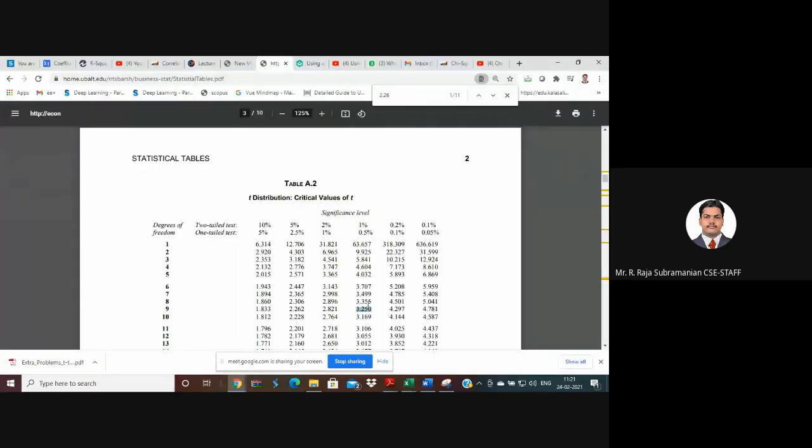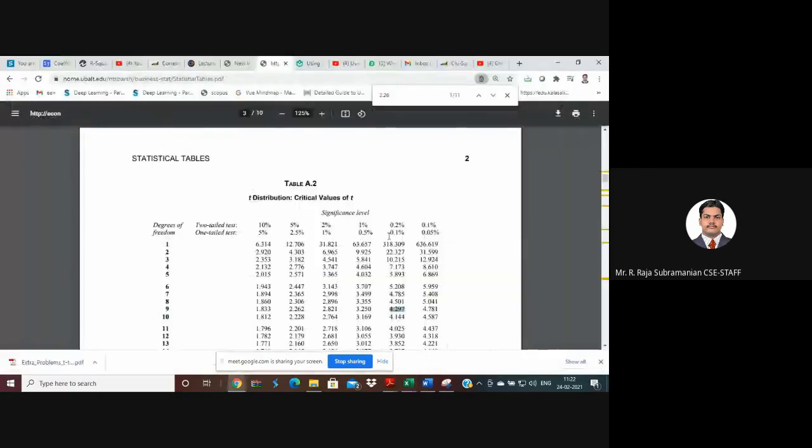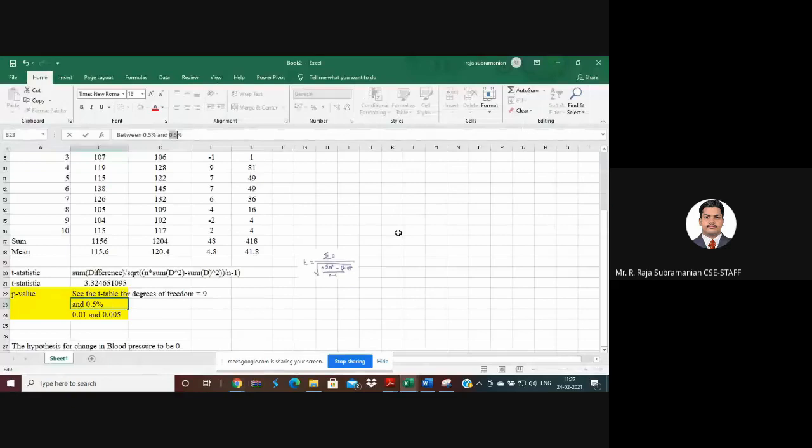Okay, so from 3.25 to 4.297, it is actually between 0.5 and what is the next one? 0.1. Okay, 0.1. So 0.5 I can write as 0.005 and 0.001. So between these, my p-value can actually lie, right?